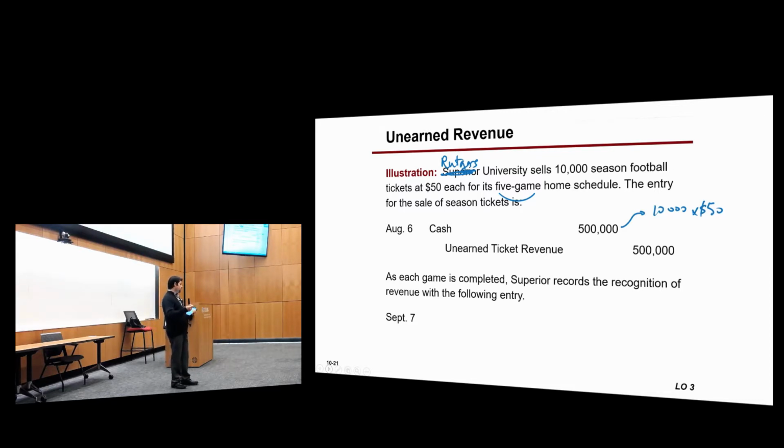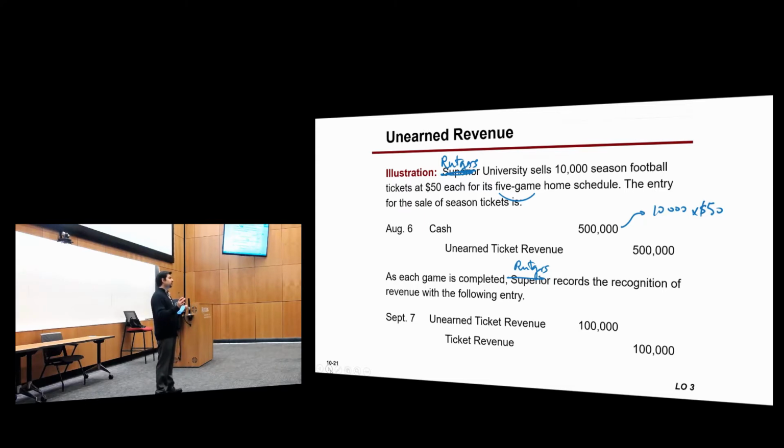After every game, for example after the first game, the company would have earned one game. That's 1/5 of the amount. So the company will be crediting ticket revenue 1/5 of the amount, which is 100,000, and debiting the liability, decreasing unearned ticket revenue.